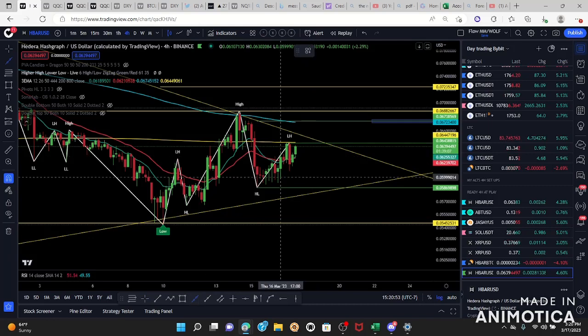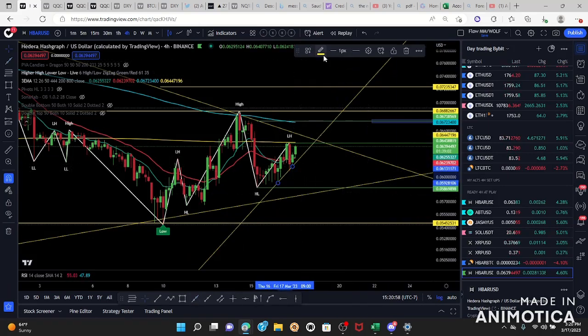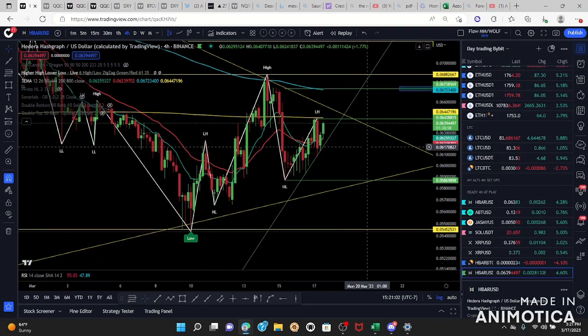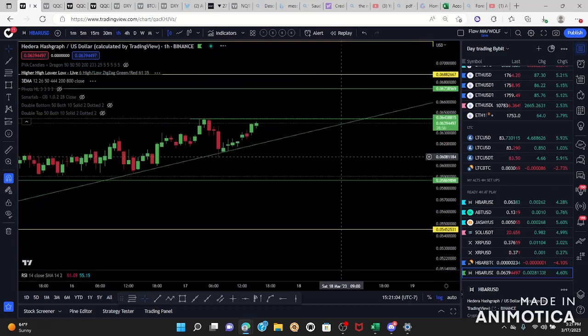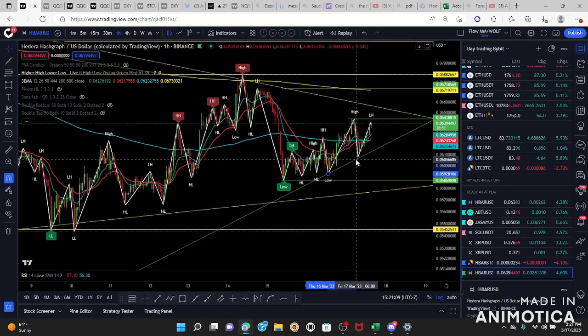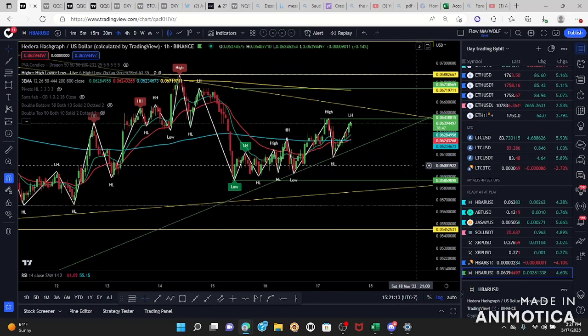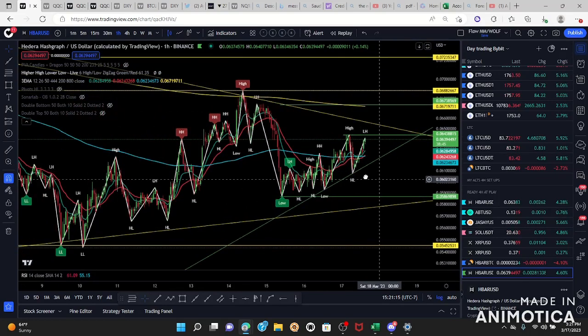There you go. Just right here, set it down, set an alarm, right? So if it rolls down to the bottom, it's kind of hard because it's really wicky. I'll probably go to my hourly to find a target here.